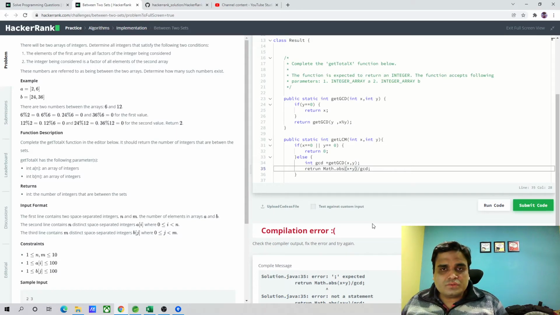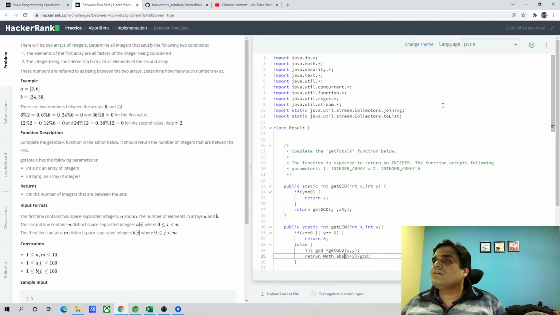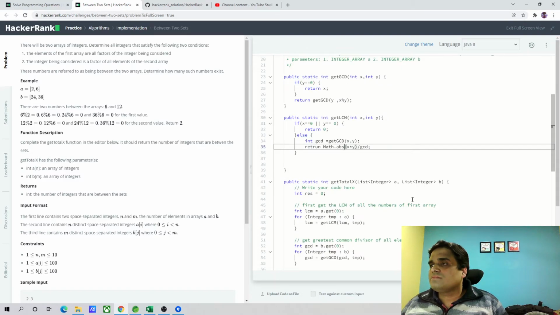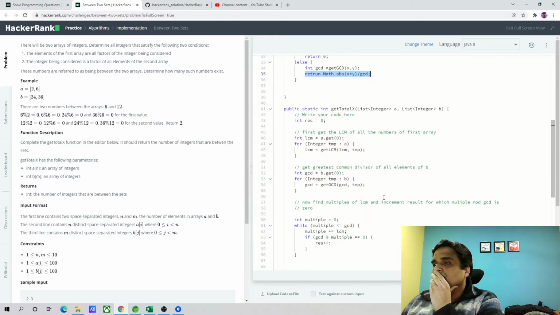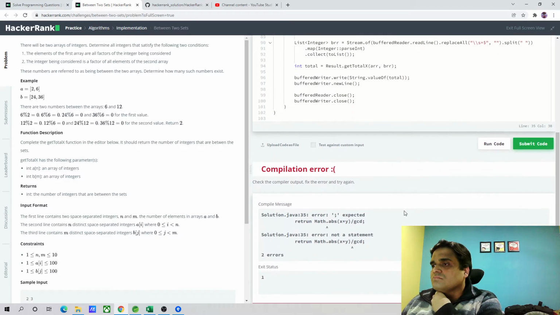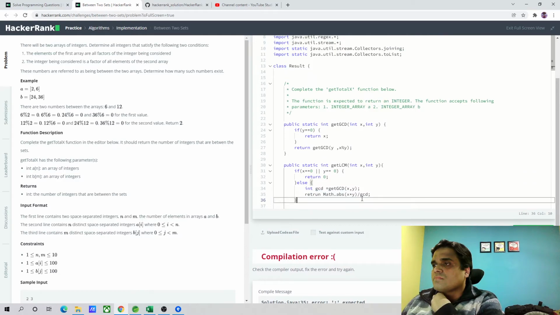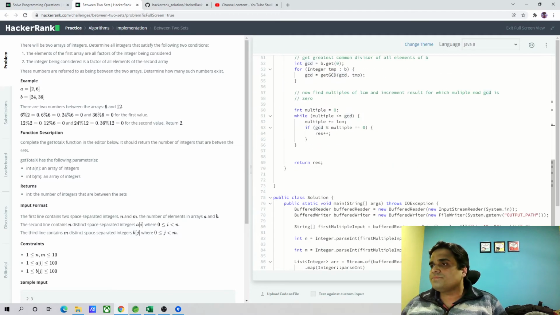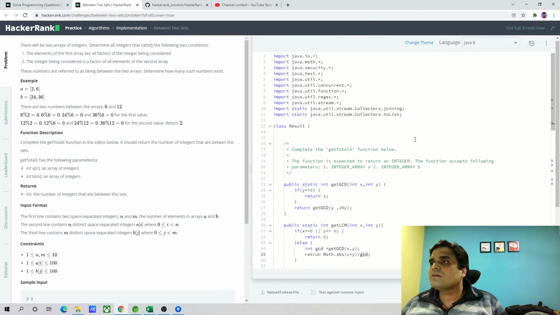Return math.absolute. This should work. I am trying to understand what is wrong. Let me see. Let me try to run again, otherwise I'll open the Eclipse IDE to understand what is happening here.